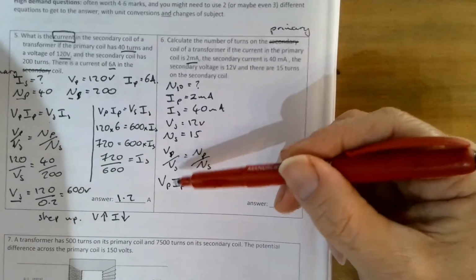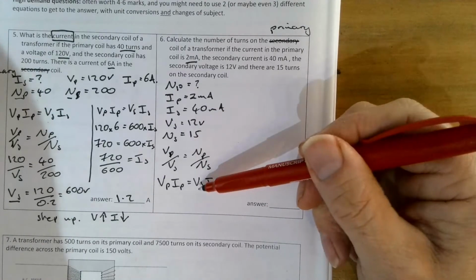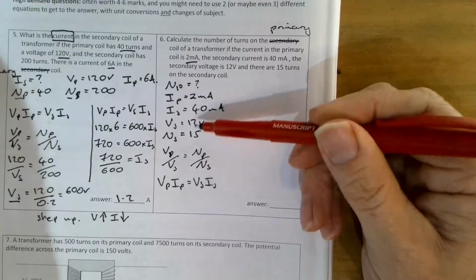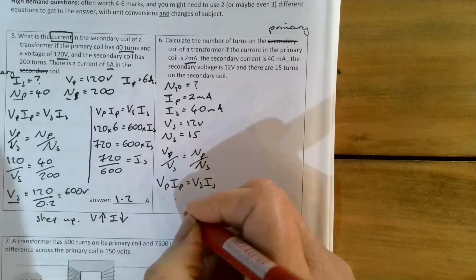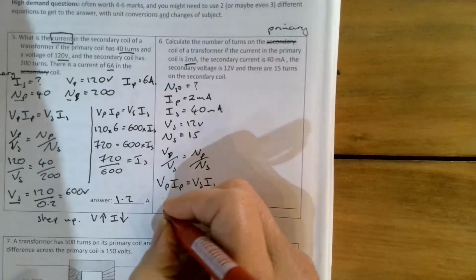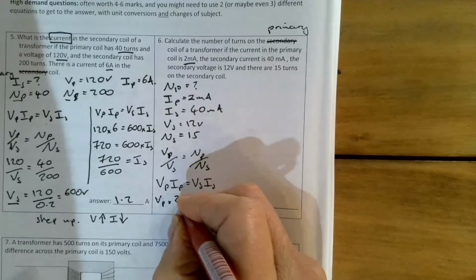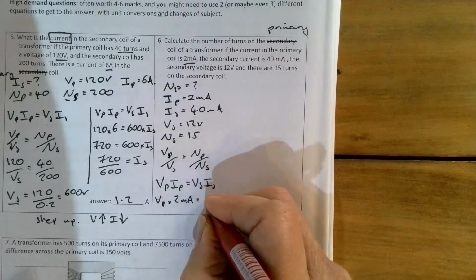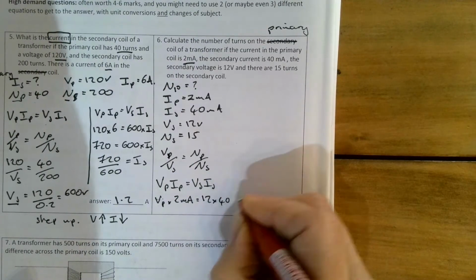I've got IP, I've got VS, and I've got IS. So I can substitute some numbers in and find VP. So VP times 2 milliamps is equal to 12 times 40 milliamps.